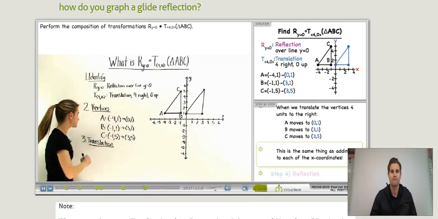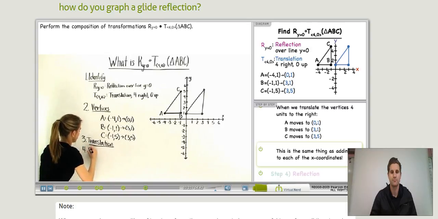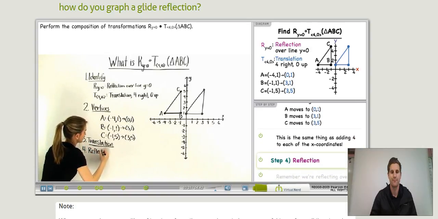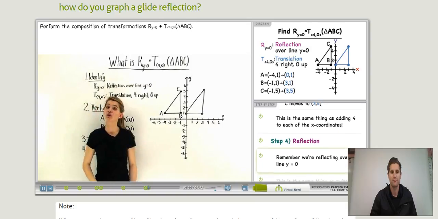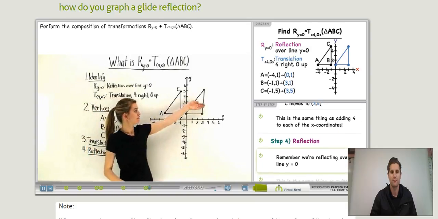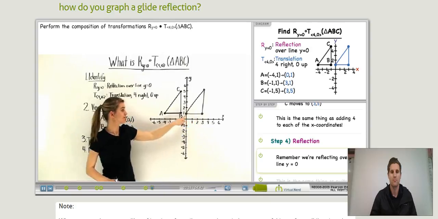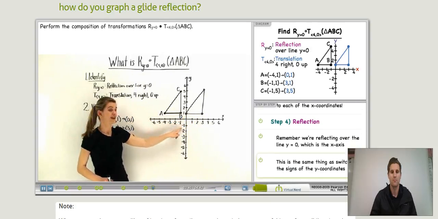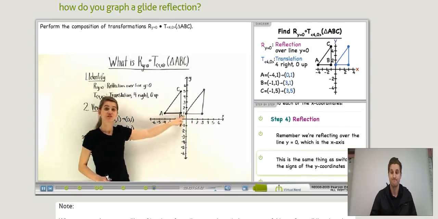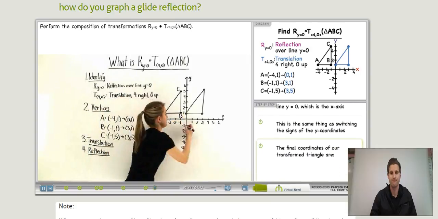Cool. Now let's go ahead and perform this reflection. We want to reflect over the line y equals 0. Well, if we want to reflect over y equals 0, we're going to take this figure and reflect it like this, over the x-axis. Well, if we do that, it's the same thing as taking our y-coordinate and switching its sign.